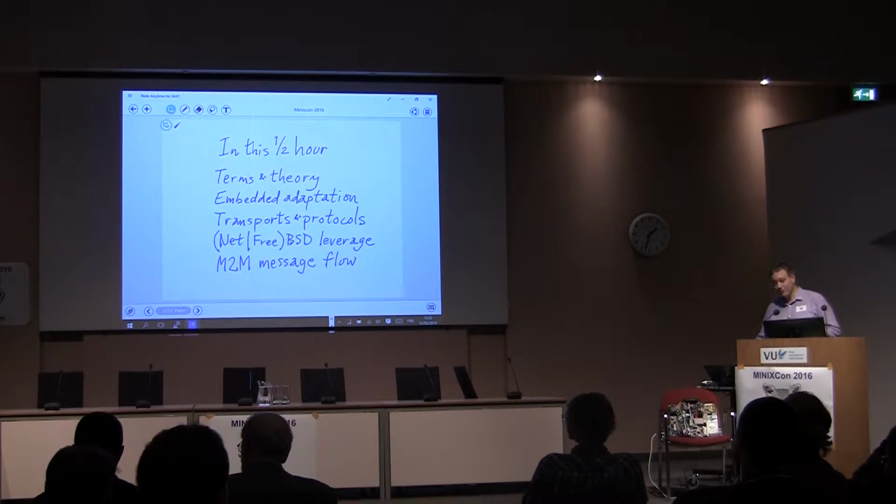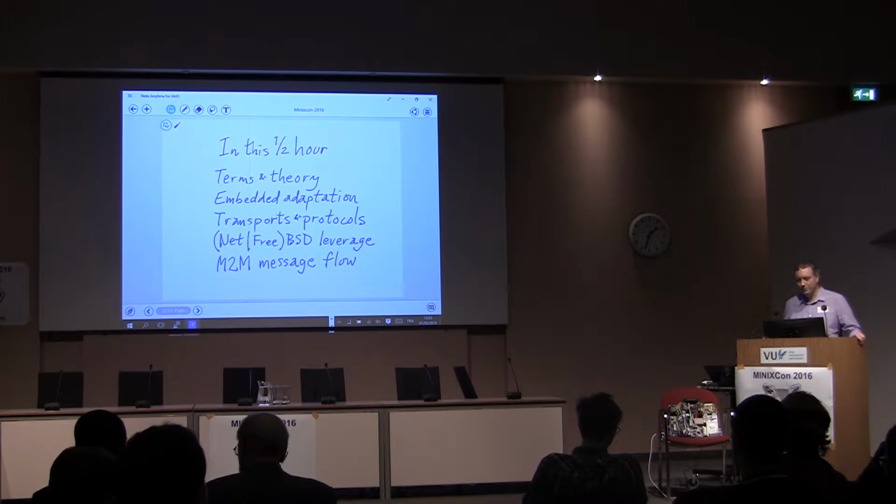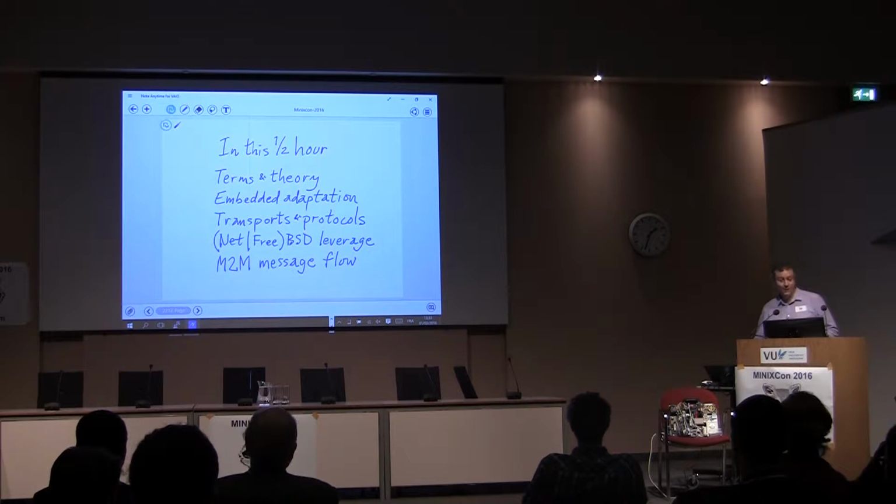Transports and protocols, so we know what's relevant for IoT and what we want to implement if we can. And then some existing things, if porting is all we need to do, for servers and brokers from the NetBSD and FreeBSD worlds. Lastly, if we have time, we'll take a look at a typical or an example M2M, or machine-to-machine, data flow where messages are passing from one computer to the other.